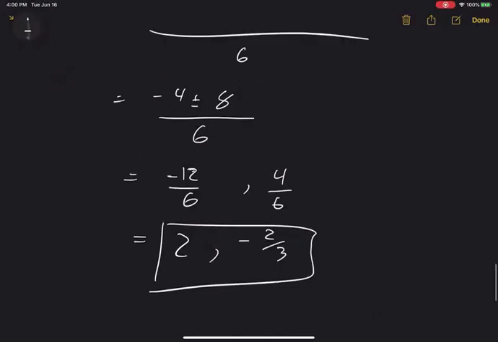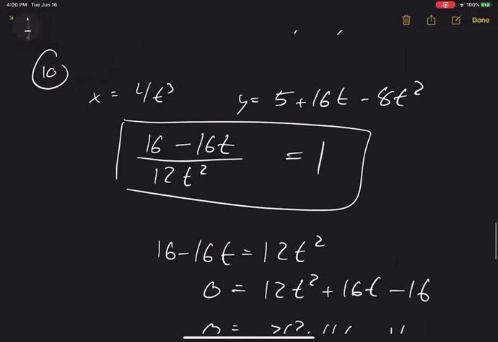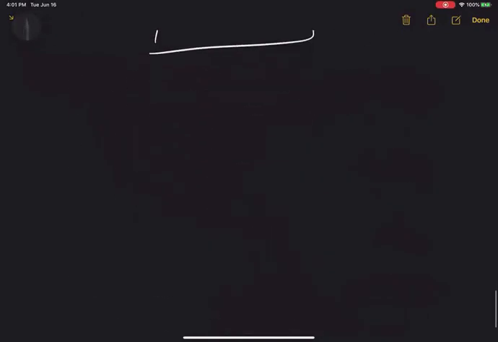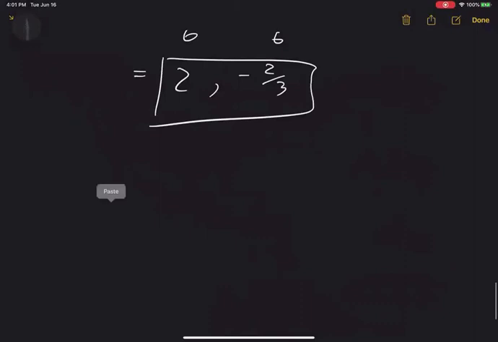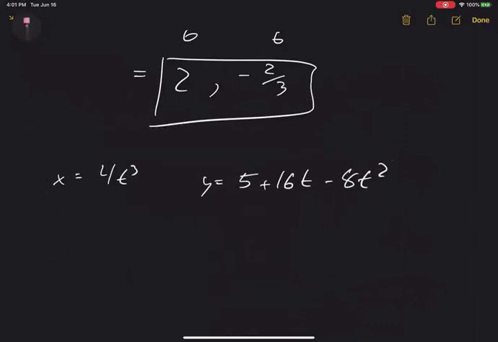When I do that, let's rewrite our equations here. I'll copy them at least. These are our parametric equations. These are our t values when slope is 1.